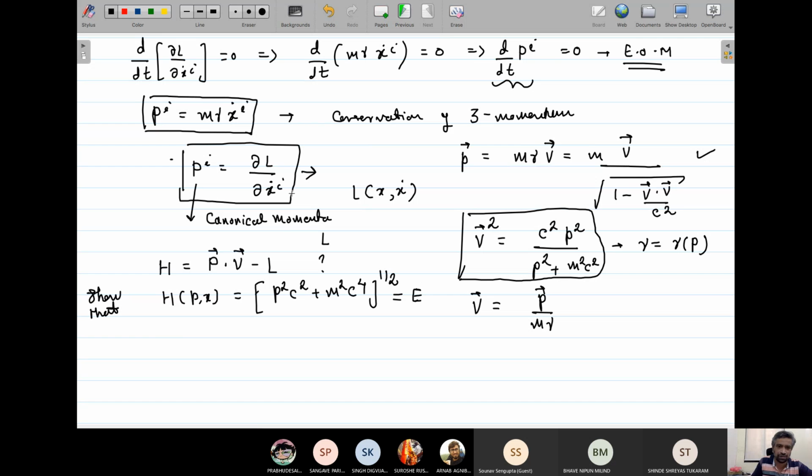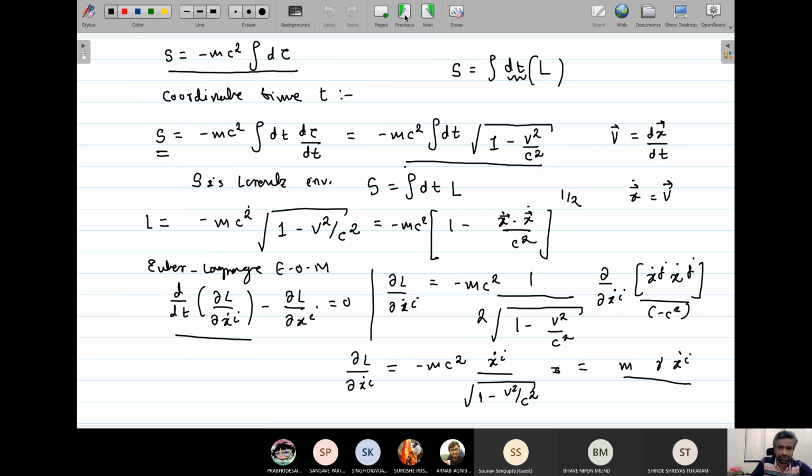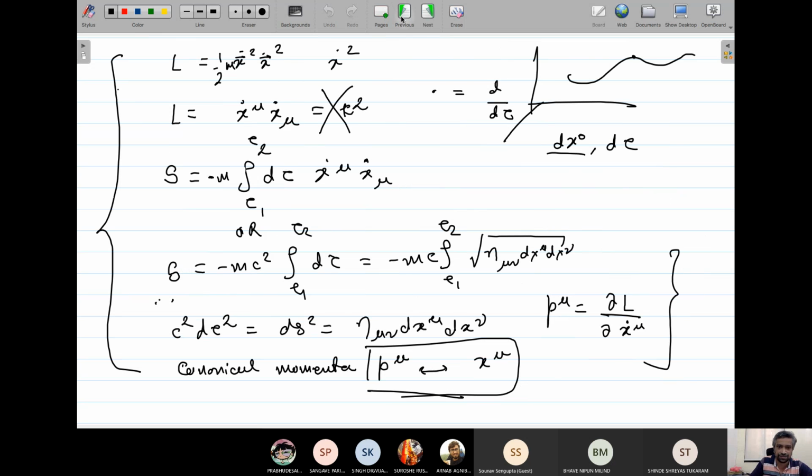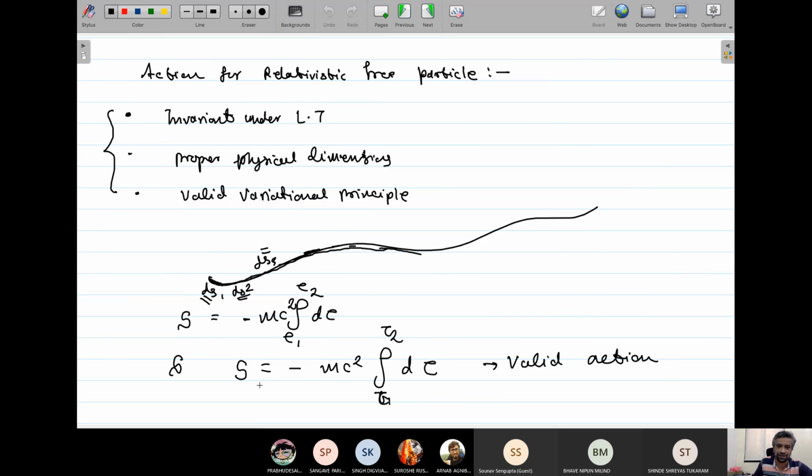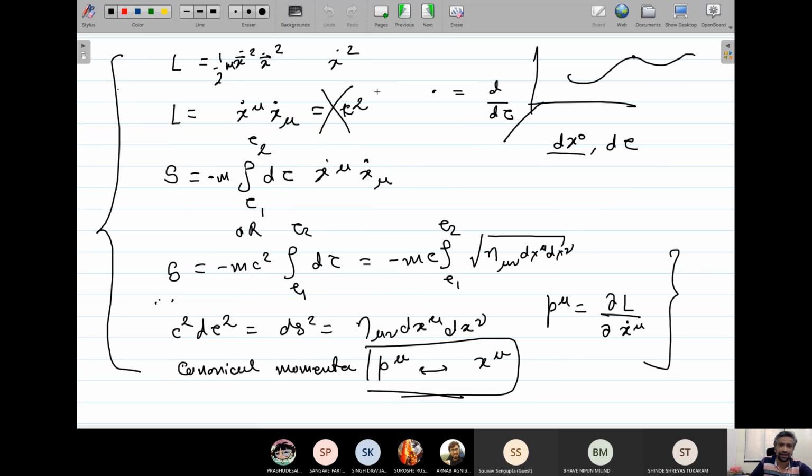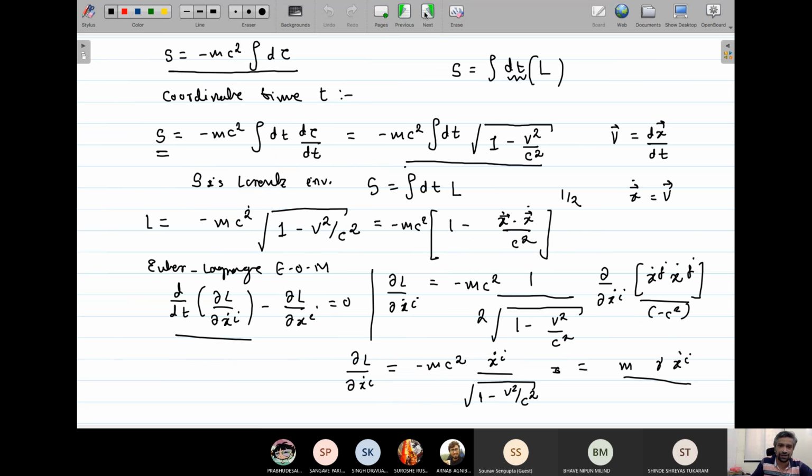So this is the equation of motion, canonical momenta, and Hamiltonian for a relativistic free particle. Note that we started with the action in Lorentz invariant form. Then we expressed the action in terms of coordinate time. From that, I extracted the Lagrangian.